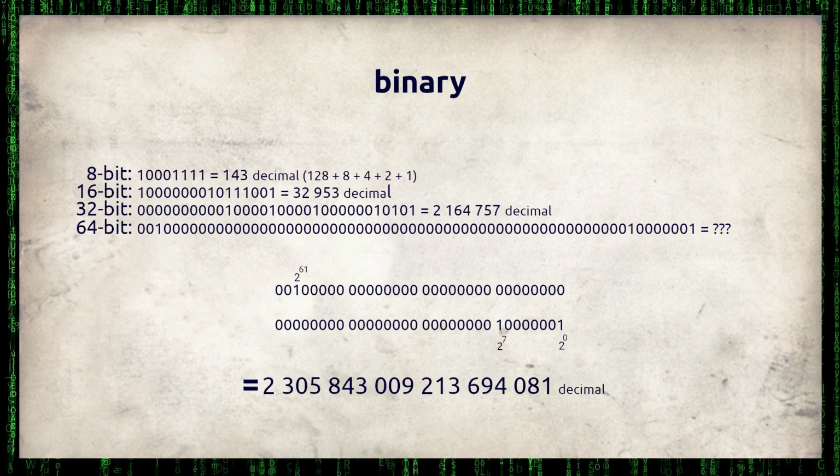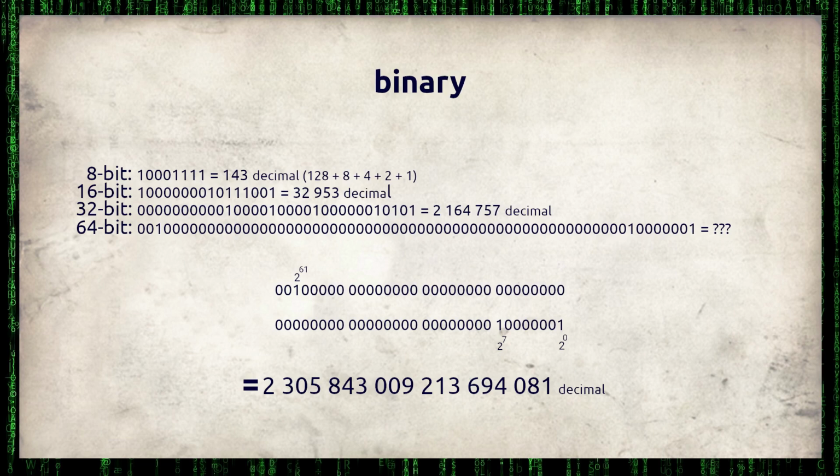Then you can continue with this concept and move up to 32-bit numbers. I remember I started on 8-bit computers, and then 16-bit, 286s, then 32 bits, and now we're on 64-bit computers.